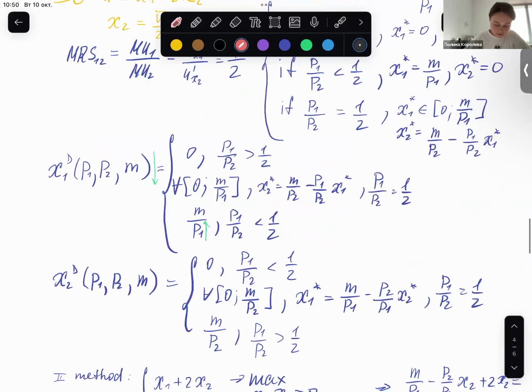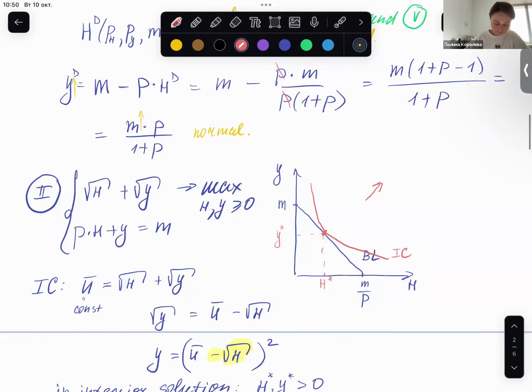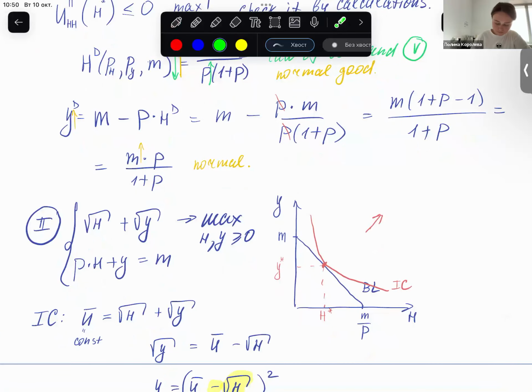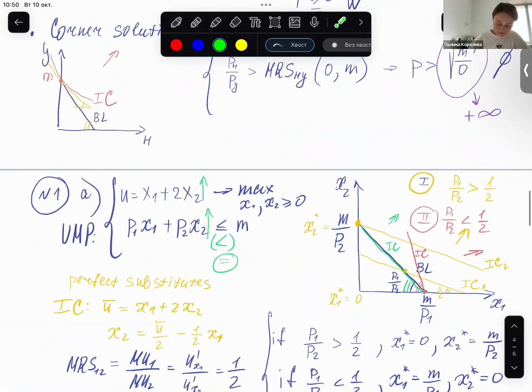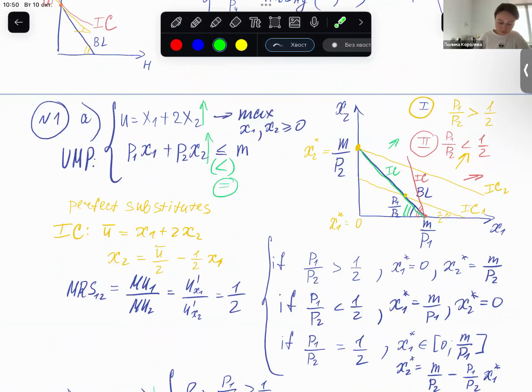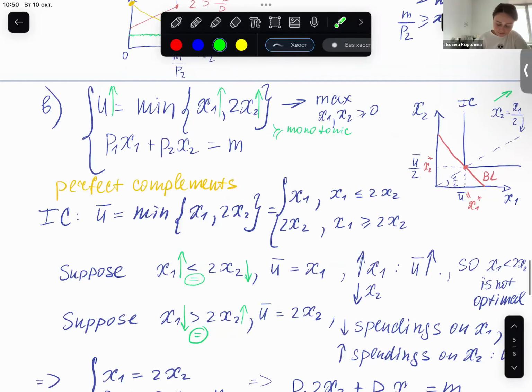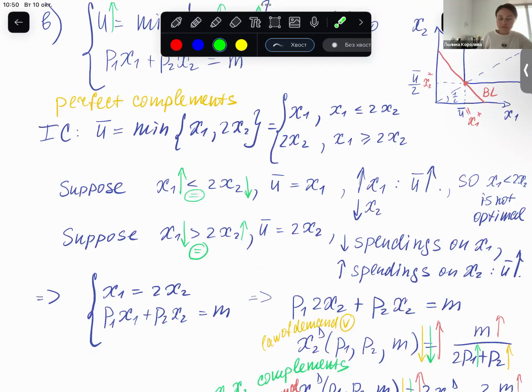We considered today how to find the demand for standard preferences. Then we considered the utility maximization program for perfect substitutes, where there will be corner solutions and all points on the budget line. And the last is about perfect complements. Pay attention that the graph is not the proof that we should work on this line. You should prove it how I showed you.